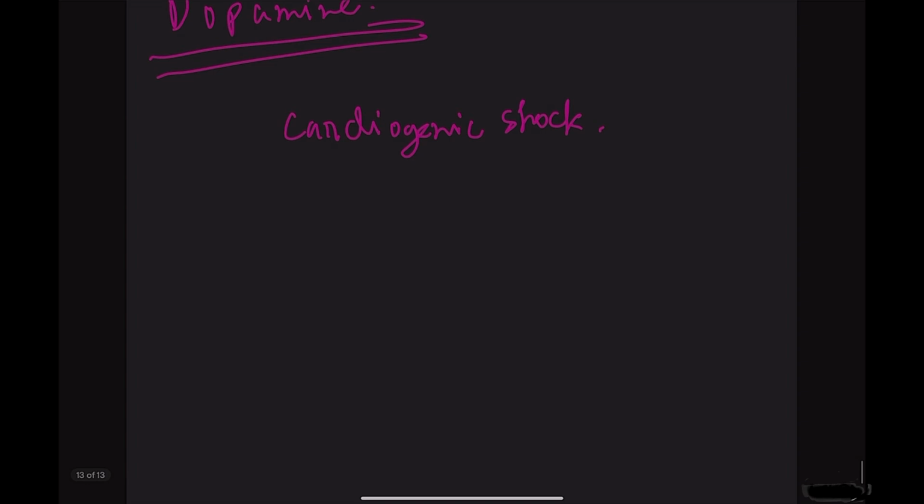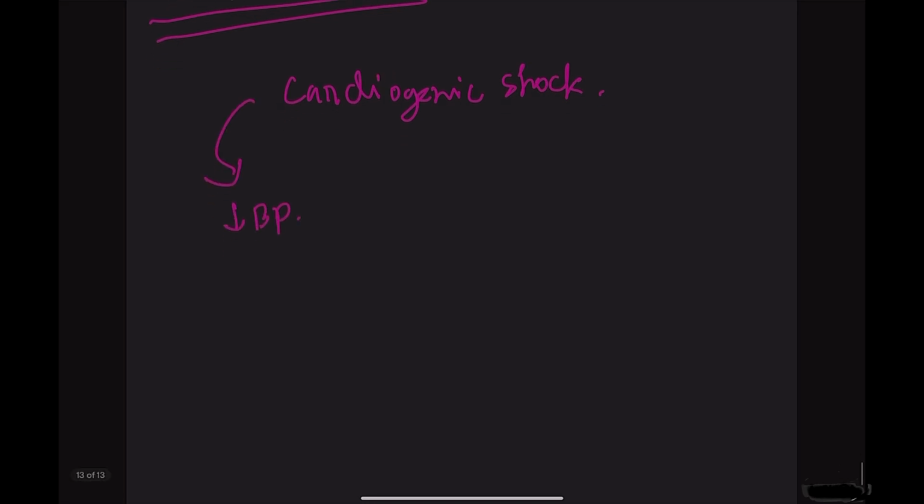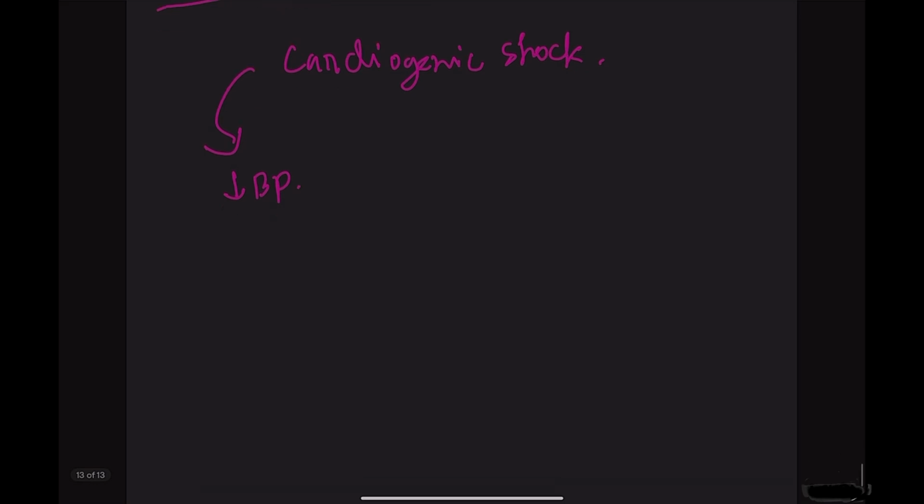So why do we use dopamine in cardiogenic shock? What happens in cardiogenic shock is there is a decrease in the blood pressure. In high dose, dopamine acts on the alpha receptor and increases the blood pressure. But you can have a question: in this case we can use adrenaline, right?